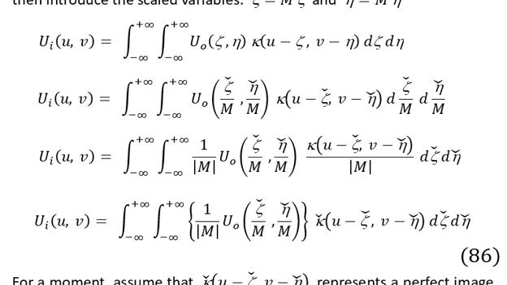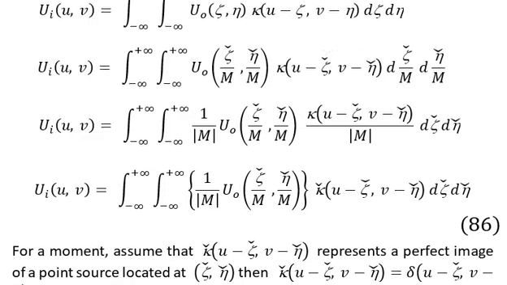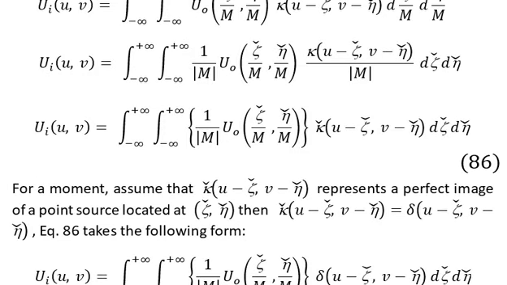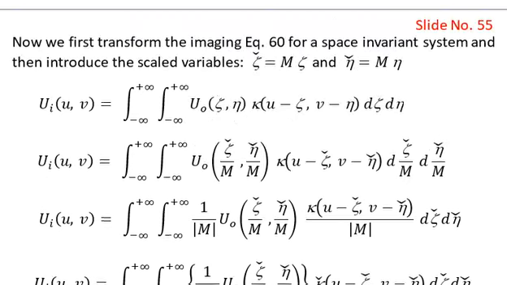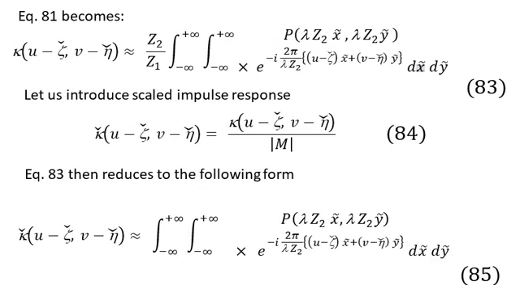Then in the last step of equation number 86, we have written in the curly bracket 1 over mod m multiplied by u naught with arguments ζ̂ over capital M comma η̂ over capital M. This is contained in the curly bracket, and now you see that we have introduced the κ̂ over there using equation number 84.